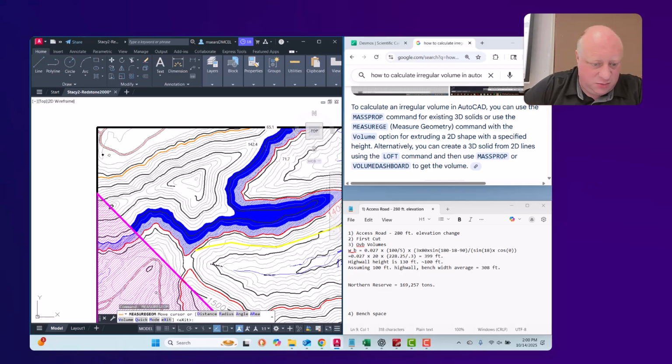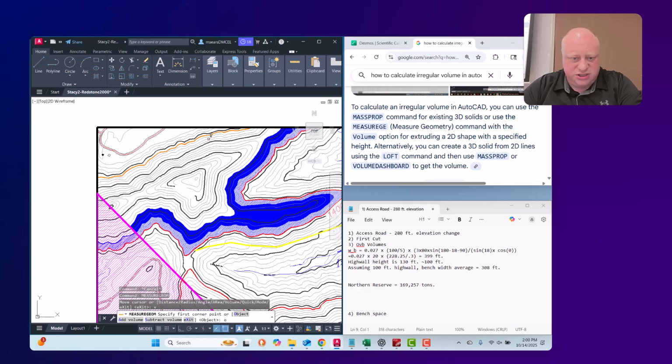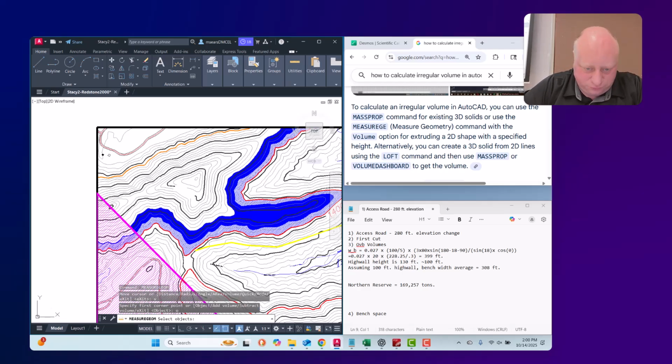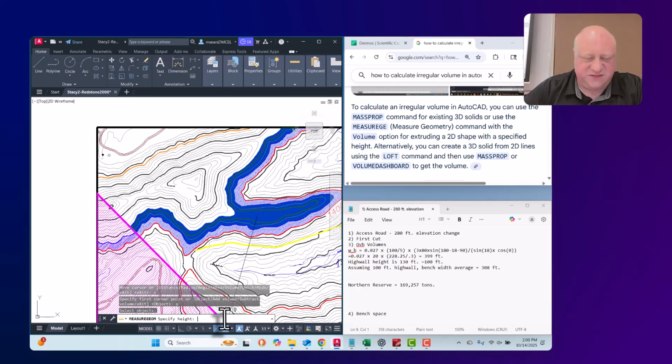I'm going to measure the volume of an object, which is this hatch. And then I have to specify the height. So I'm going to use the average height because that's the best I can do in AutoCAD without using a different software package like Carlson or something like that.